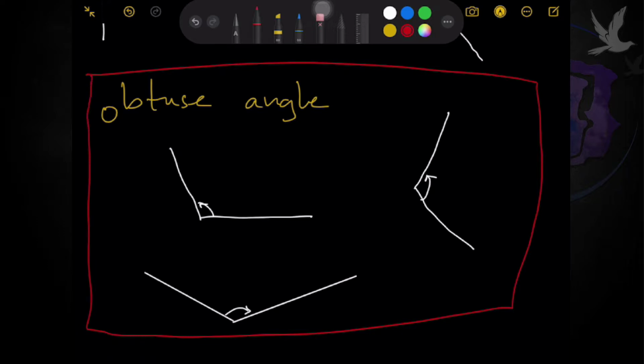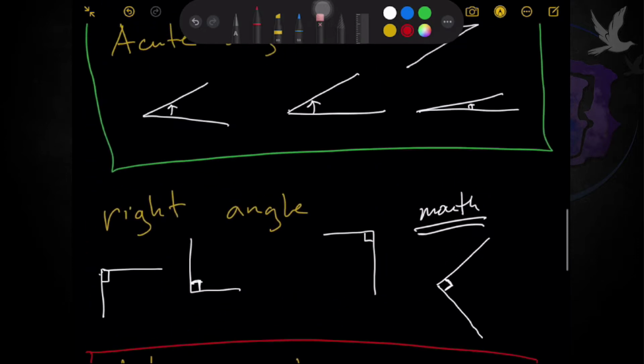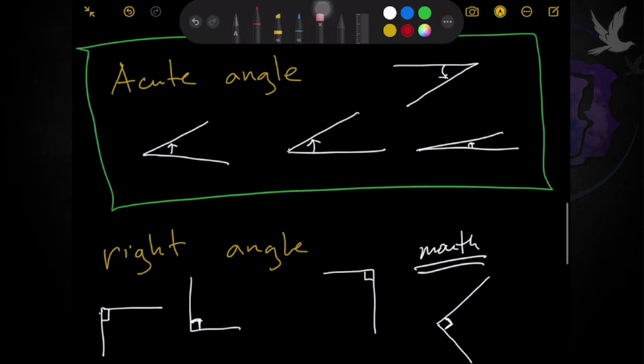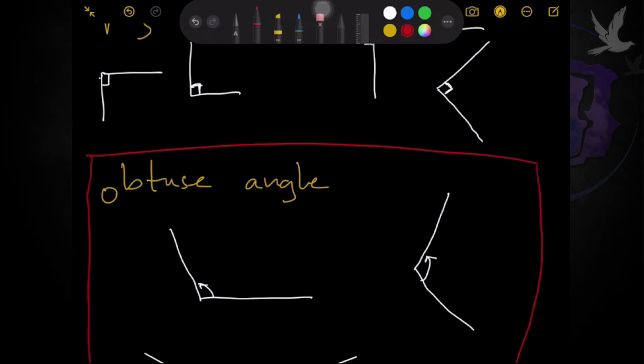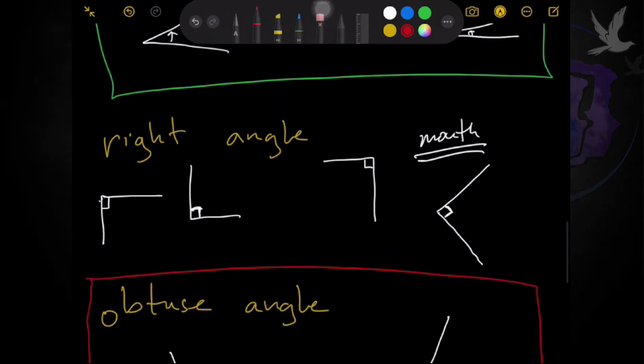Okay? So, yan ang basic natin to determine whether the angle is an acute angle, a right angle, or an obtuse angle. Again, your basis should always be the right angle.